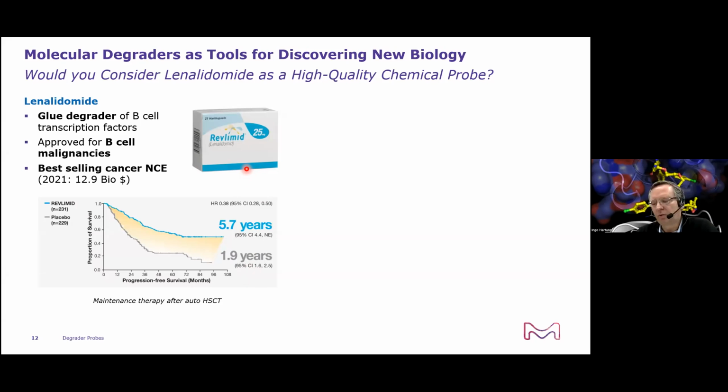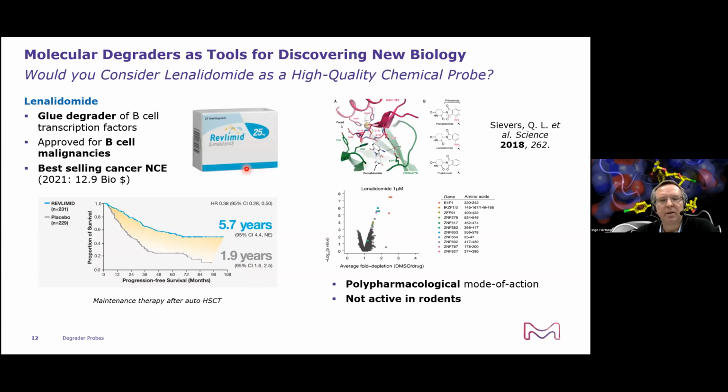But is it also a good chemical probe if you want to study biology? And again, in this call, probably everybody knows how lenalidomide works. It binds to cereblon, creates a neosurface, and then binds a whole family of G-loop containing proteins and degrades many of them.